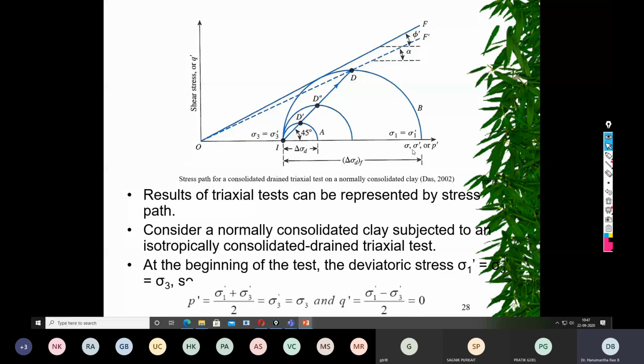But if it is transformed from total to effective, there should be a shift towards the horizon. That means the stress path diagram for total stress is different from the stress path diagram for effective stress. So this point is clear to everyone now.